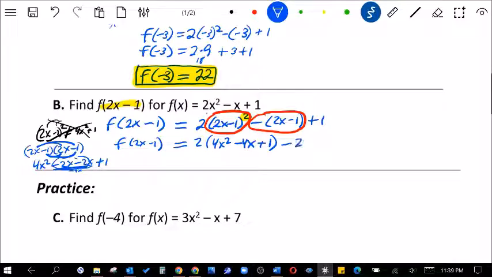Well, let's now continue this, negative 2x, and not minus 1, but plus 1. The other error that sometimes people make is that they distribute to that, but they forget the other one. So they'll do negative 2, oops. Yeah, no, I had that right. Negative 2x plus 1, that's what it should be.